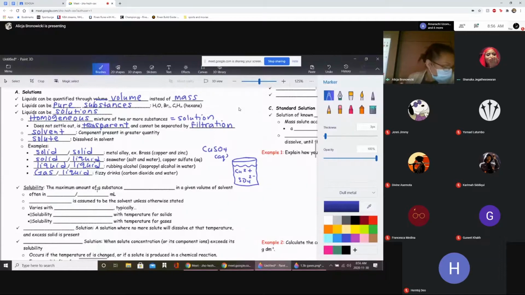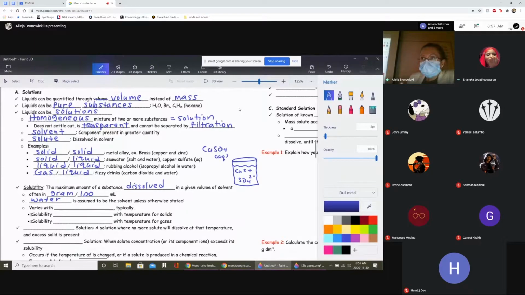So it's the maximum amount of a substance dissolved in a given volume of solvent. Okay, a lot of times it's how many grams will dissolve per 100 milliliters of water. So you assume that water is your solvent unless otherwise stated.